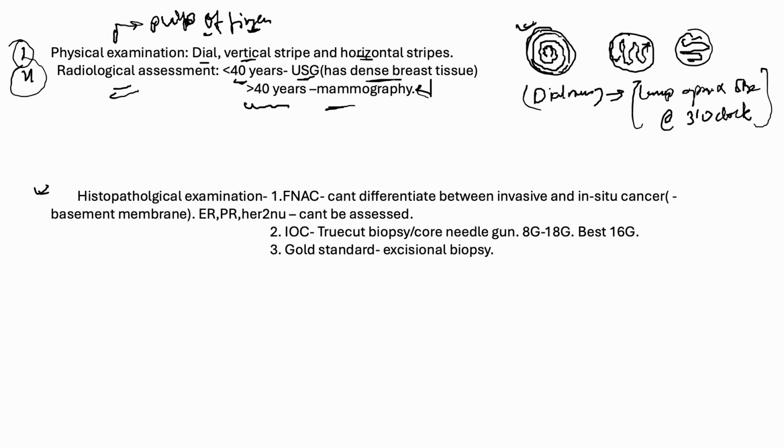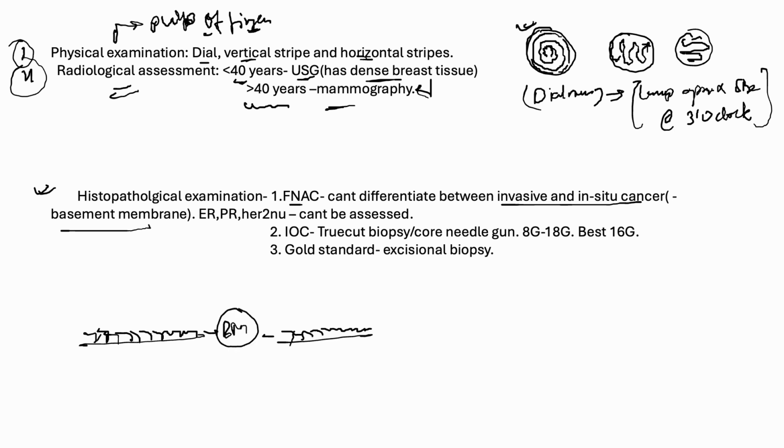Okay, the histopathological examination, FNAC can be there. FNAC is there, but it can't differentiate between invasive and in situ cancer. See, what is the difference between invasive and in situ cancer? Suppose this is the basement membrane. Any tissue will have a basement membrane, right?